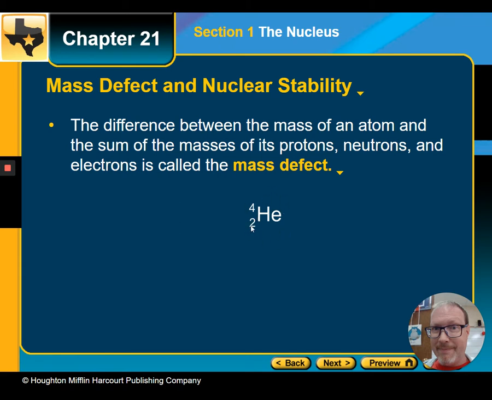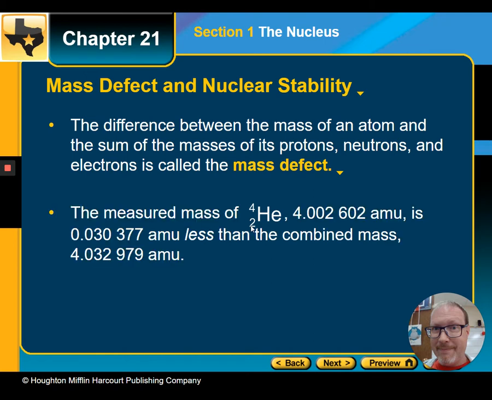If I was to take the masses of those protons individually and add them to the neutrons, I would have a mass of 4.032979 AMU. AMU, remember, stands for atomic mass units.